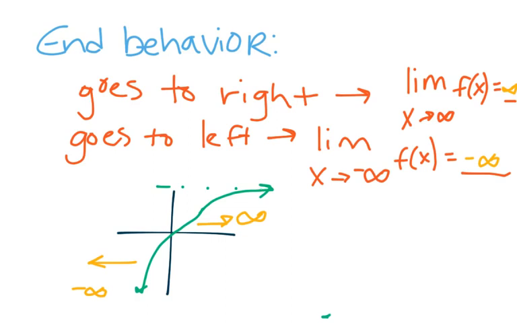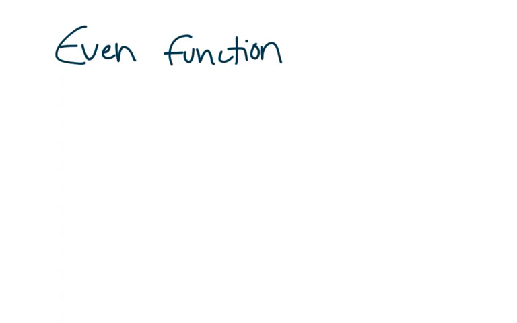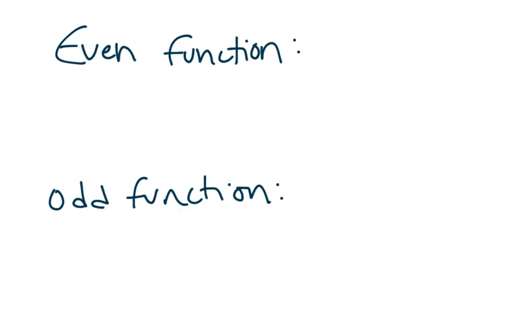So the next thing that we are going to talk about is even and odd functions. So the next piece is an even function versus an odd function. And so an even function usually has symmetry, that's line symmetry. It has vertical line symmetry.